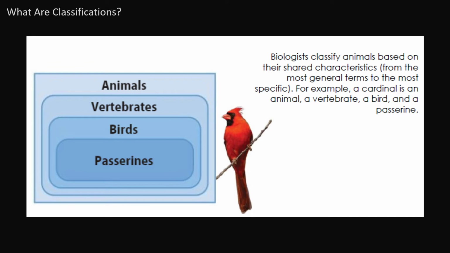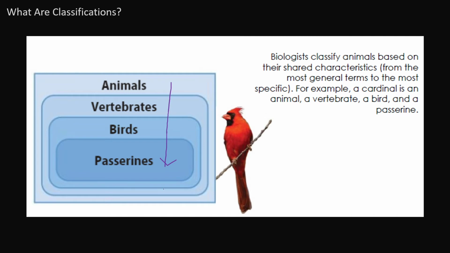So biologists classify animals, such as cardinals, based on their shared characteristics, from the most general terms to the most specific. For example, the cardinal, if we classify it, is an animal, and it's also a vertebrate, which means it has a spine. It's also a bird, and the specific type of bird it is is a passerine.